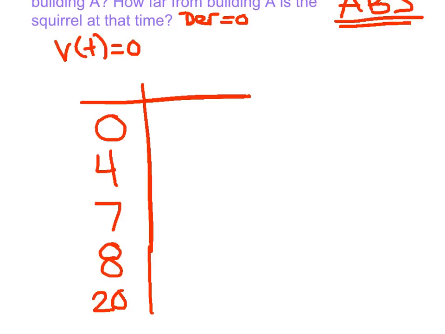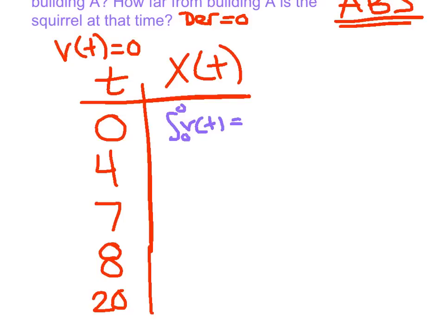Now I want to find how far this guy is, or I want to find basically its position. All right, so just use some common sense when labeling the table there. All right, so if I want to find my position at 0, basically I would integrate velocity from 0 to 0, which of course would be 0 area. If I want to find my position at 4, to get position I would integrate velocity from 0 to 4, because they told us time starts at 0.